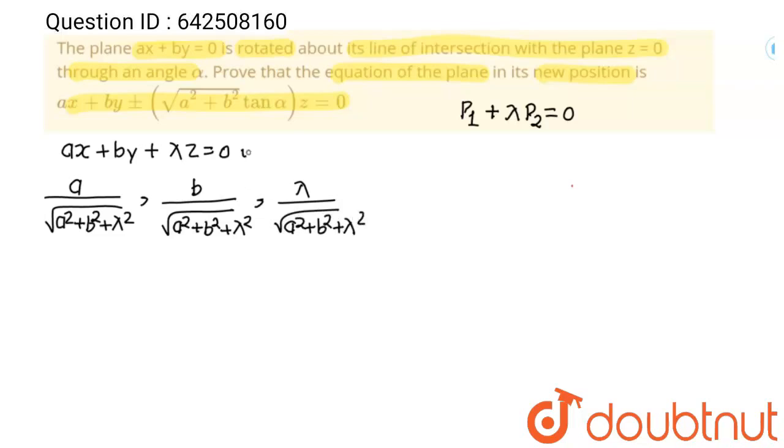We have to find the equation of this plane, so we have to find the value of lambda.